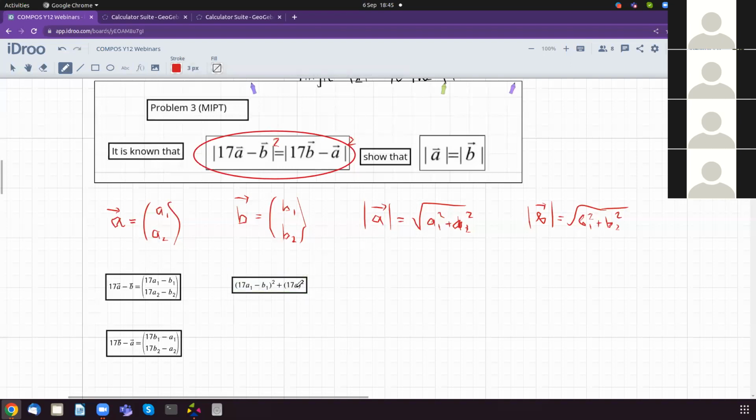So we get this, and that's equal to, just copy.